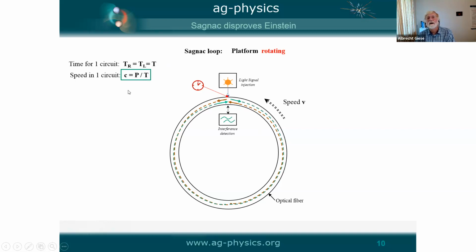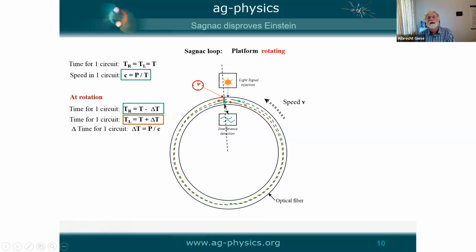Now, if the whole thing is rotated, then the meeting point during such a circuit goes to this side. So one way again is longer for a pulse, and for the other pulse it is shorter. For the green pulse it's shorter. That is indicated here. The one that goes opposite to the rotation is shorter, and the other one needs a longer time, which can be measured.